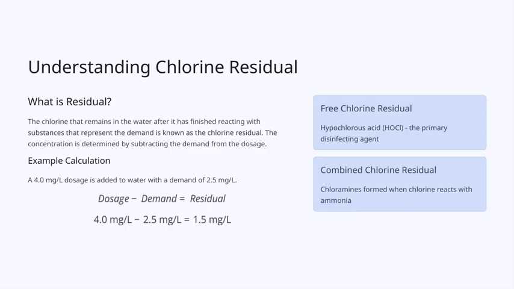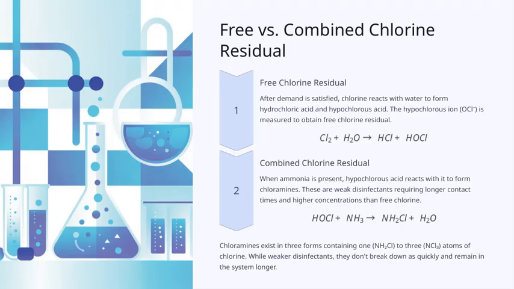While chloramines also have disinfectant properties, they are generally less effective than free chlorine. Understanding these residuals is crucial because they help us ensure ongoing disinfection and water quality. They also tell us how well our chlorination process is working and whether adjustments are needed to maintain safe, clean water.